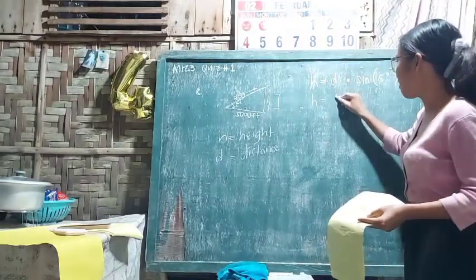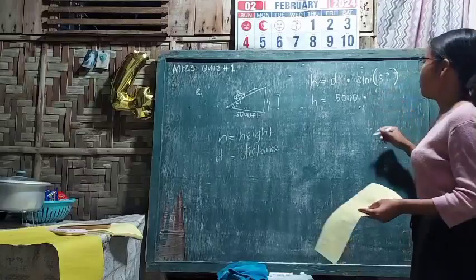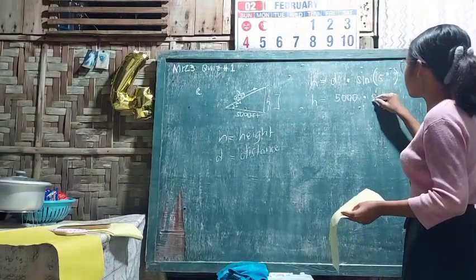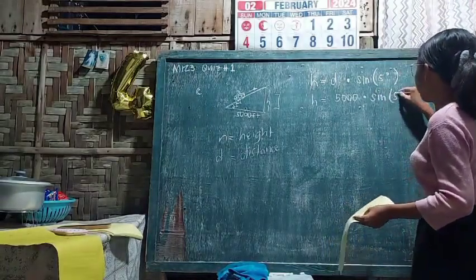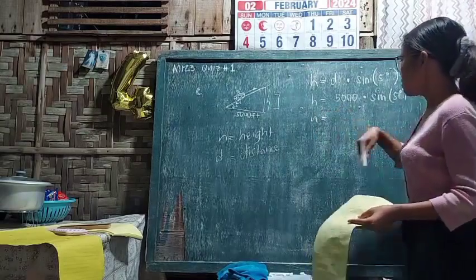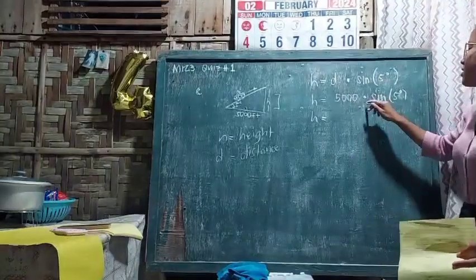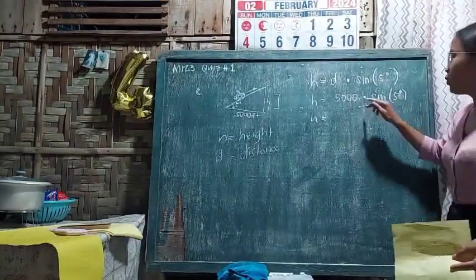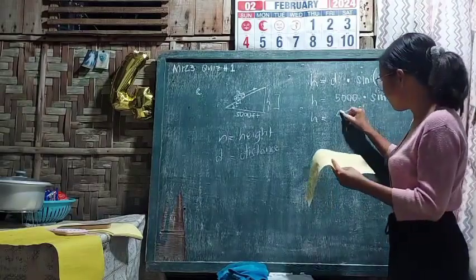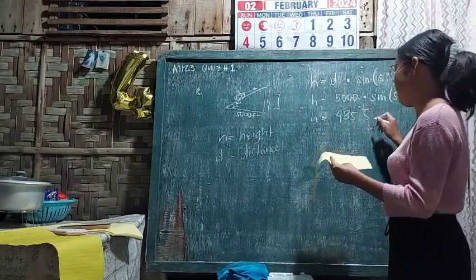For the distance, we have 5,000 feet long, and we copy the sine of 5 degrees. So if you're using a calculator, 5,000 multiplied by sine 5 degrees is equal to 435.5.